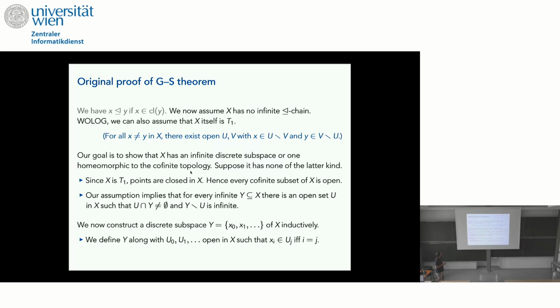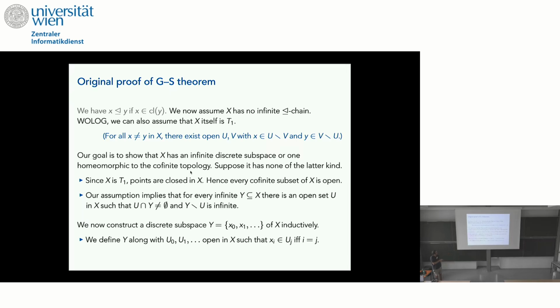Okay, so first of all, in a T1 space, points are closed. You have to think back to your point set topology days, but you can easily do that. And therefore, the cofinite subsets are always open.